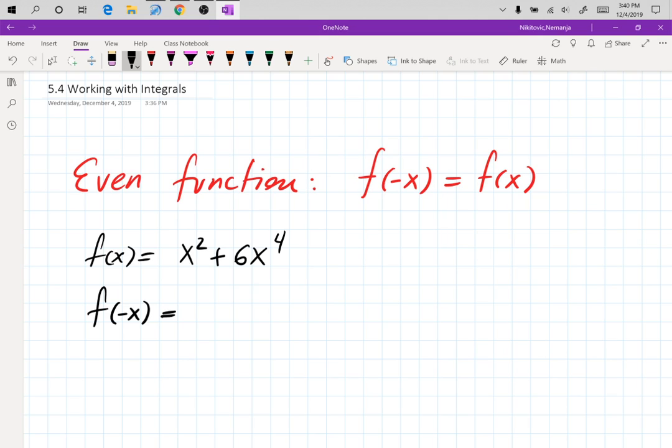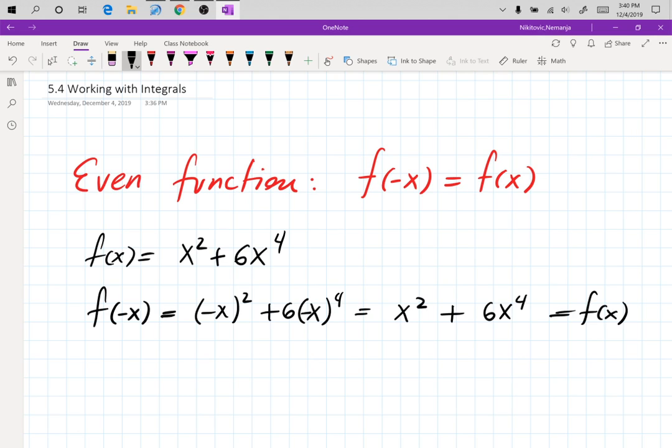So when you plug in negative x, negative x squared is going to be x squared because negative times negative is positive. And on the other one, you have 4 negative signs. That's still going to work out positive. And you are going to have f of x. So we reach the conclusion that f of negative x is equal to the original f of x once you work out all of the algebra.